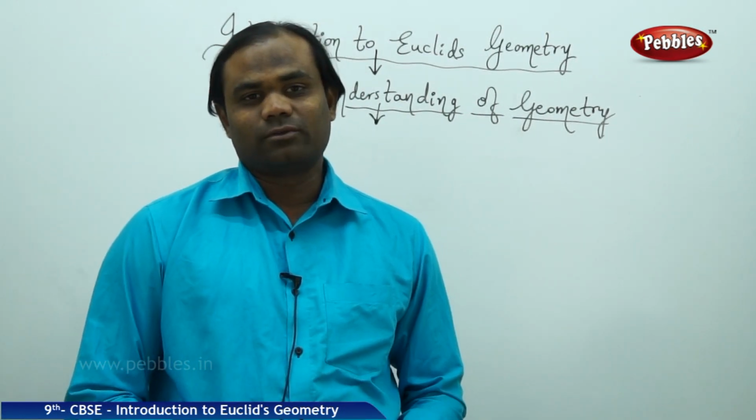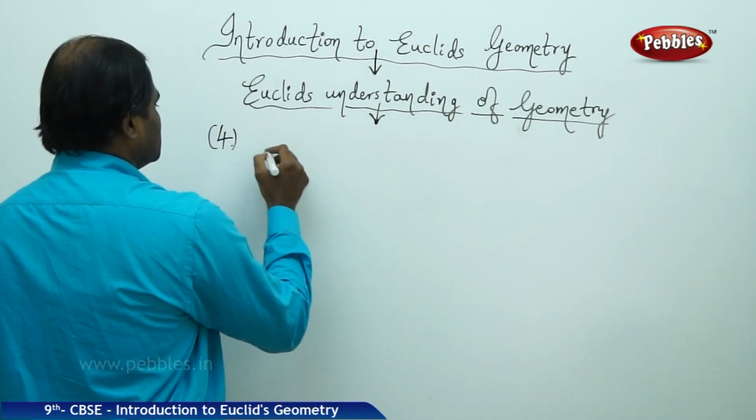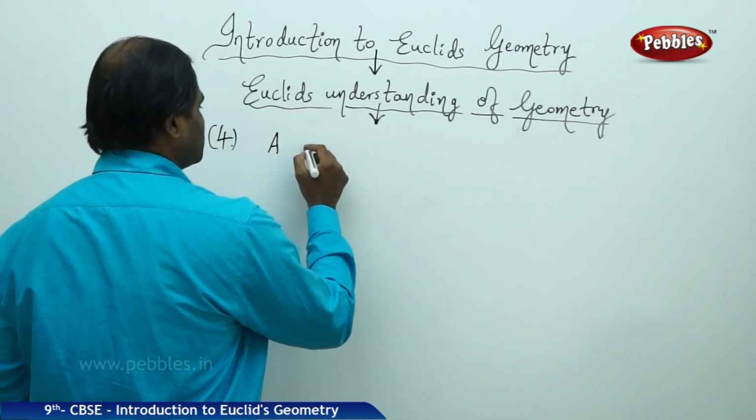The fourth point which Euclid has referred to is about a straight line, defining a straight line.